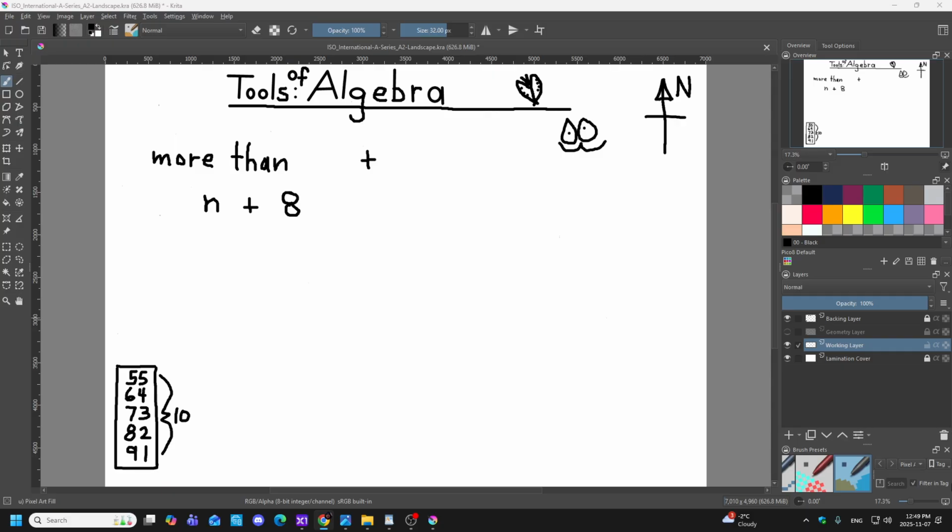Less implies subtraction. So we can also assume that less than would be subtraction. So let's say we said 8 less than a number, then 8 less than a number would be this. Okay?